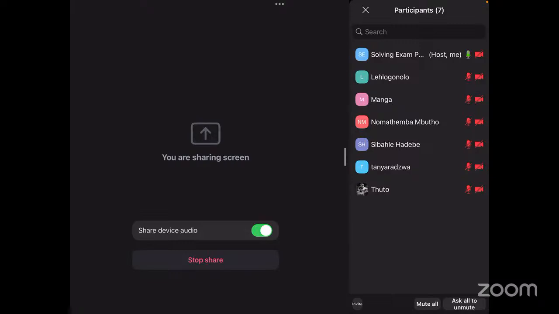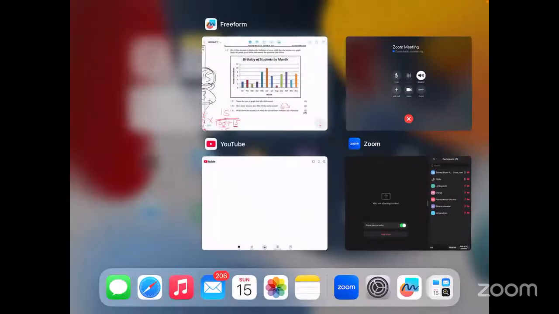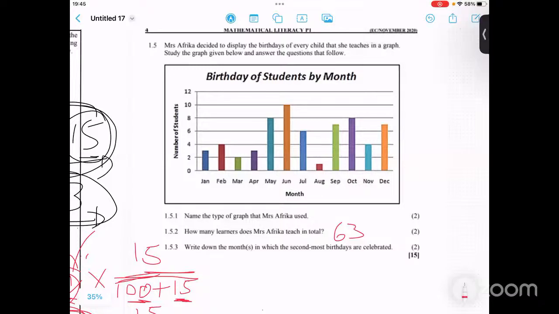Ma'am, can you please go back to the graph? Ma'am, me, I got 63, ma'am. So Manga got 63, Tutor got 63. And do we have somebody that is still calculating? Yes, ma'am. Okay, we'll wait.